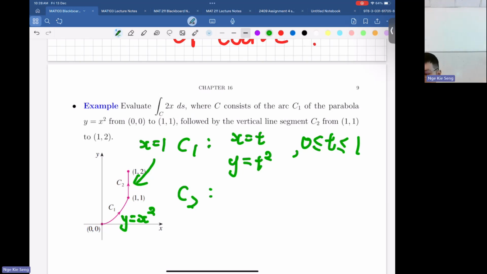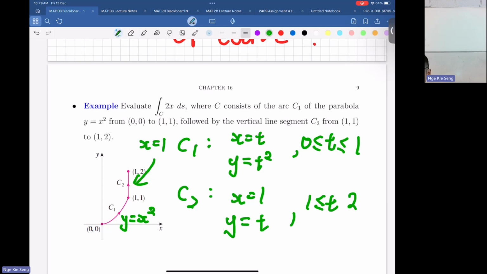Then if x is always equal to 1, what should you take for y? How do you make y run? y should run from 1 to 2. So how do you set y then? You set y as a new t, so you make t run from 1 to 2.